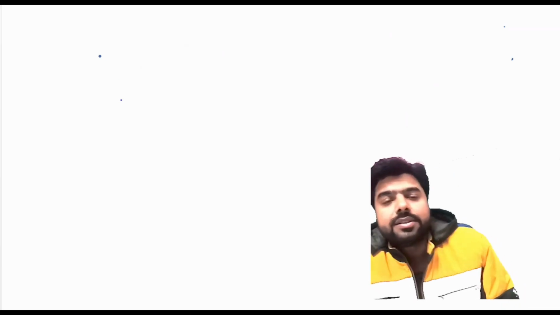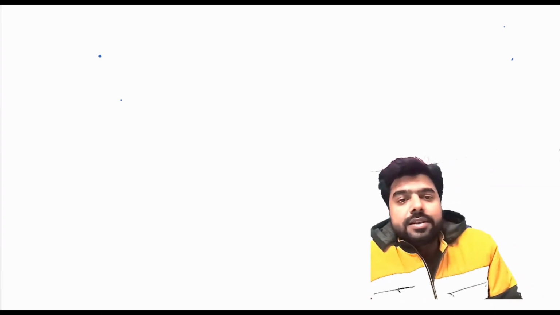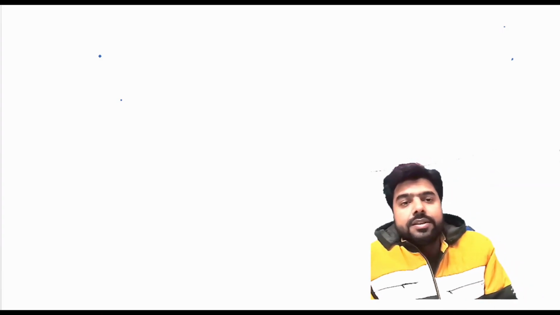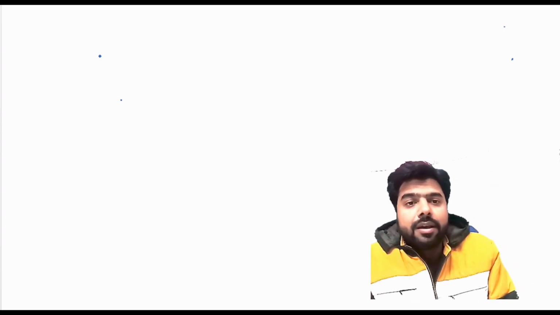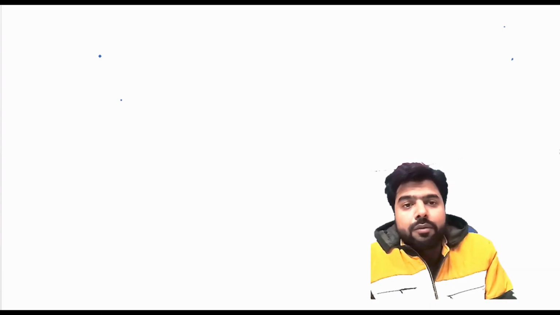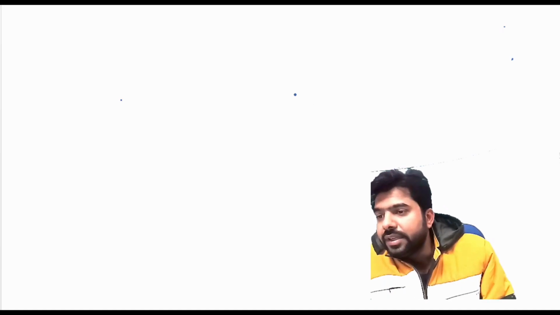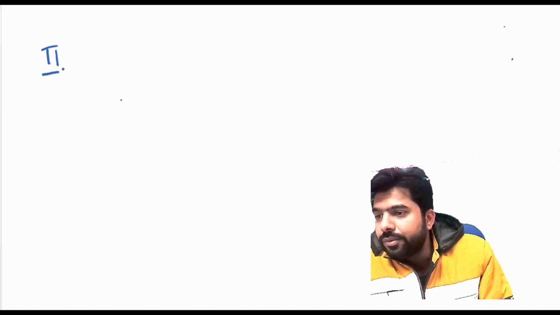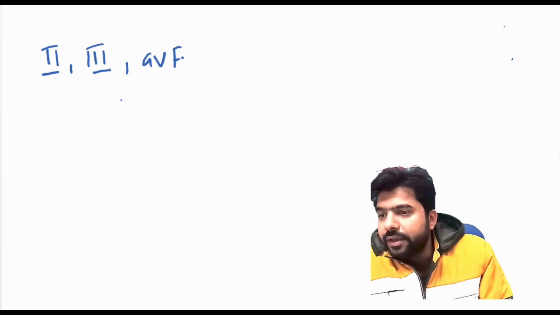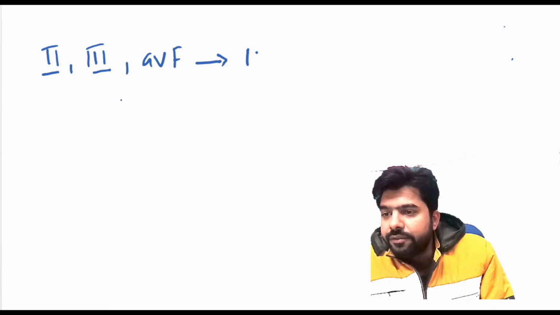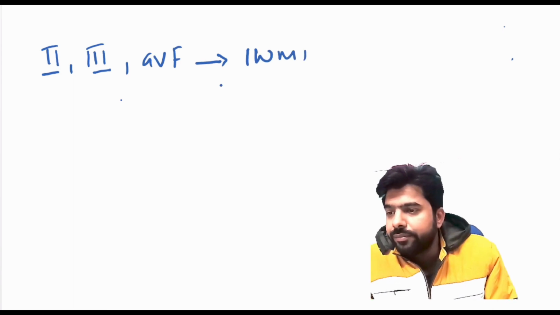Now, how will you understand, after seeing this ST segment elevation or depression, whether it is an inferior wall MI, anterior wall MI, lateral wall MI, or septal MI? If these ST elevation changes occur in lead 2, 3 and AVF, then it is an inferior wall MI.